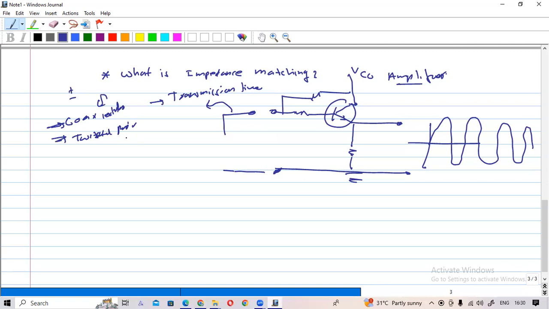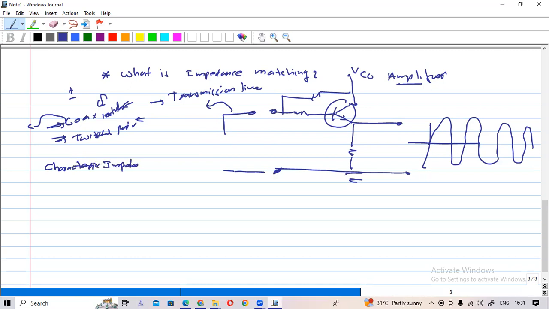Twisted pair also has. But these are made in different ways, and there are different impedances. We call them characteristic impedance.